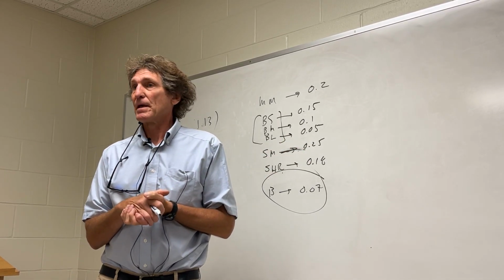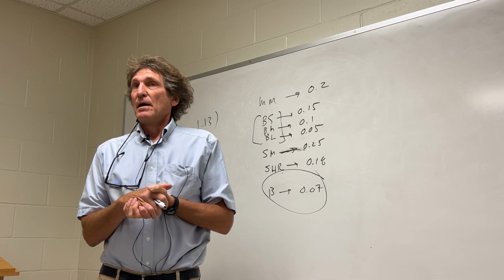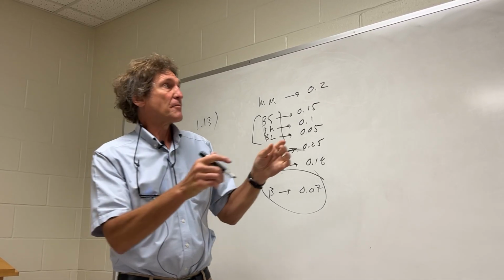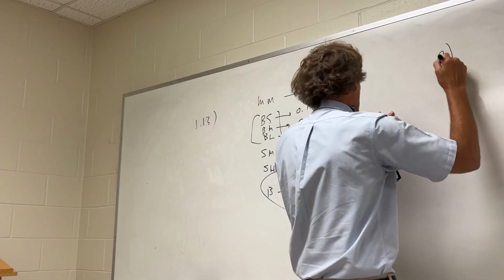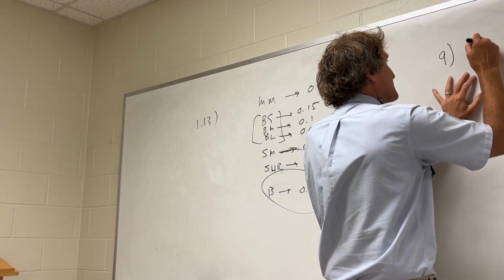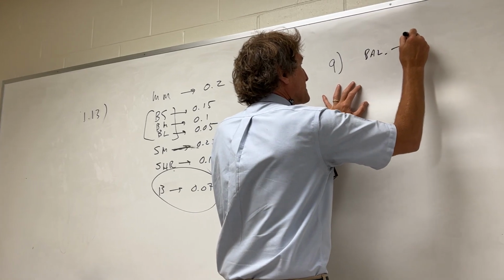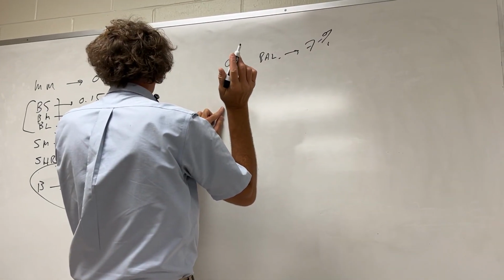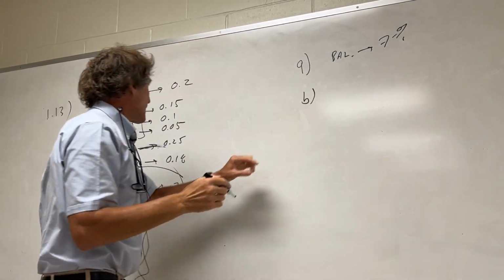What's the next part? What is the probability that the individual owns shares in a bond fund? First, if you just want to talk about the balanced fund, it's 7%. Now B is the bond fund, the short, intermediate, and long funds.